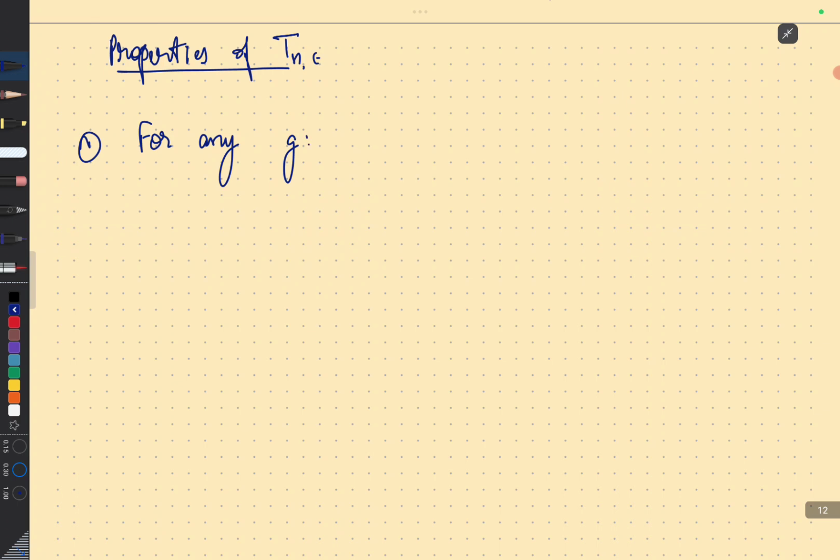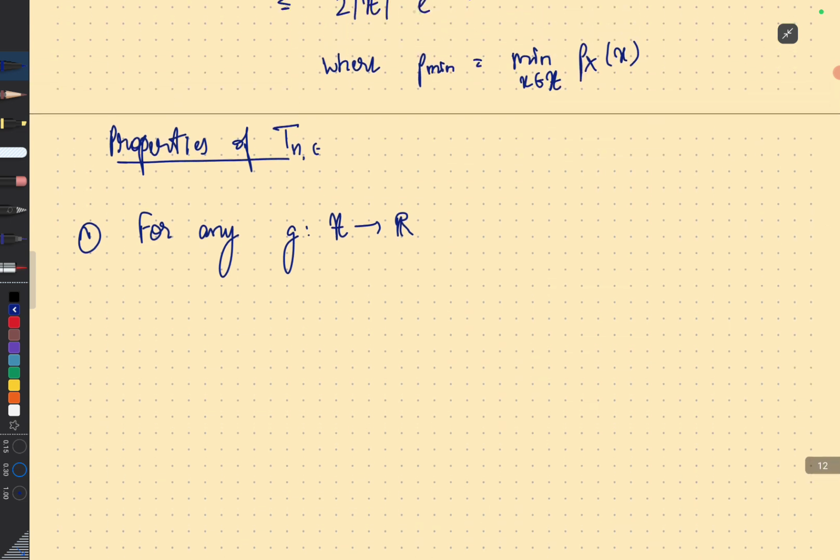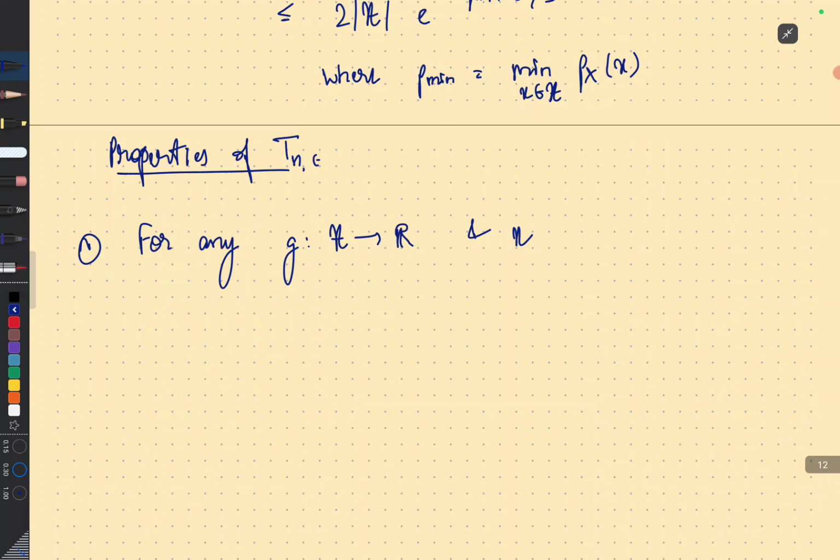Let's take any function g defined on x. It could be your favorite function. And you take any sequence in the typical set. Doesn't matter which sequence you pick from the typical set.